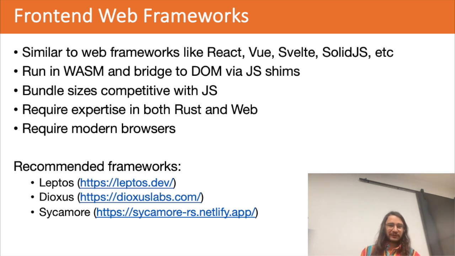The ones I'd recommend looking at if you want to do front-end web in Rust are Leptos, Dioxus, or Sycamore. I think they all work, so I don't necessarily want to recommend one. You could check them out in that order, but I think they're all good. There are some other ones like Yew, which are a bit older, and I think they're fine, but I wouldn't recommend them. I think there are better ones.